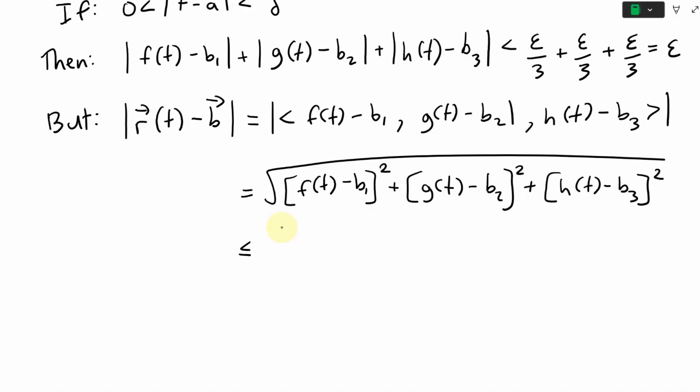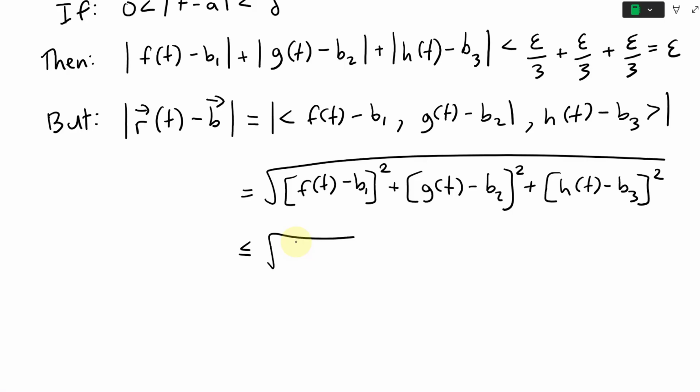Alright, so we have this, and what we can also do is say this is going to be less than or equal to, if we look at these each separately. Instead of adding all these up under one square root, we're going to take the square root of this one, plus the square root of this one, plus that one, and it's going to be less than or equal to it. We're basically doing the maximum size we can do.